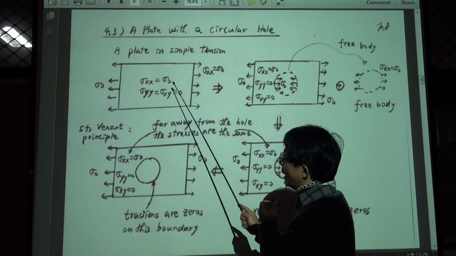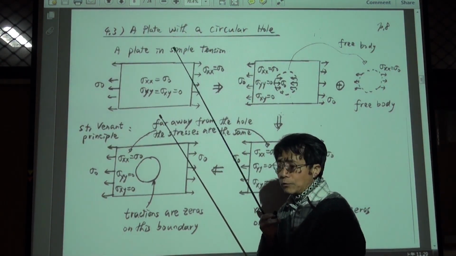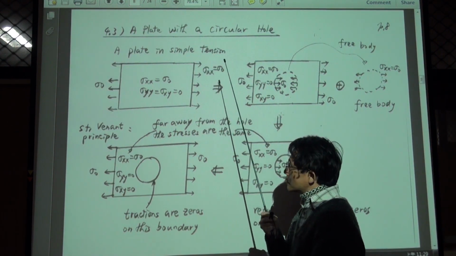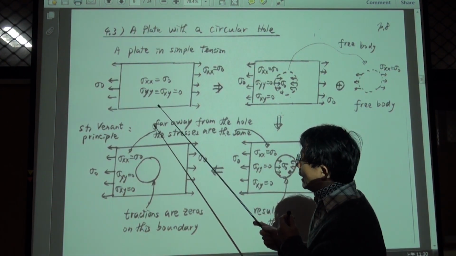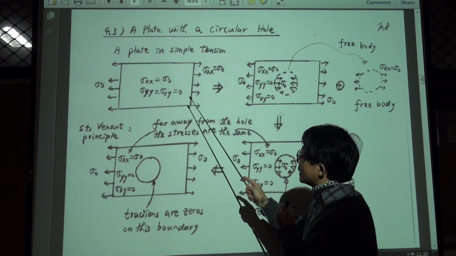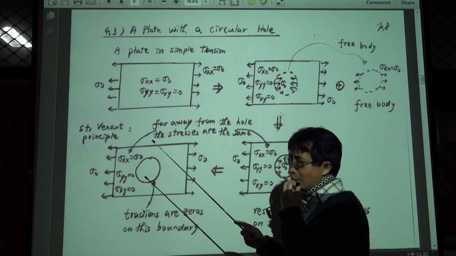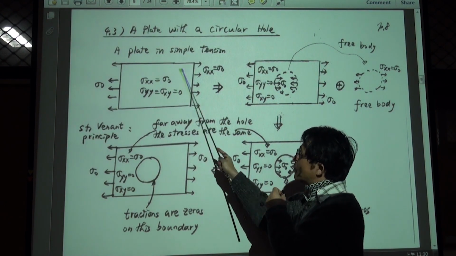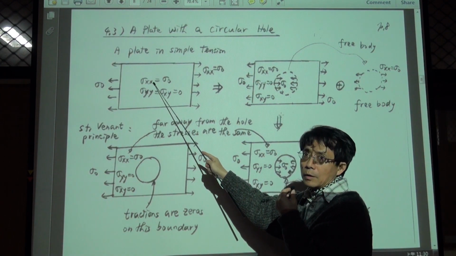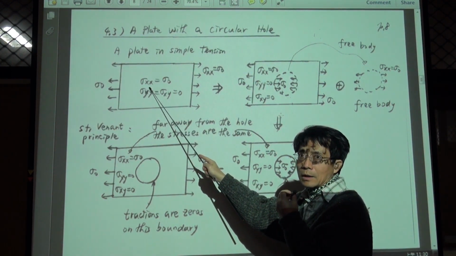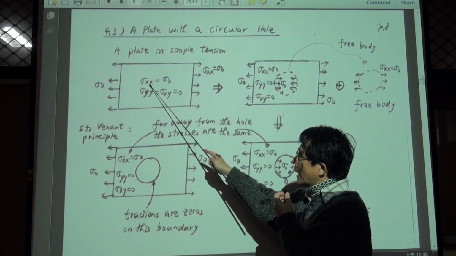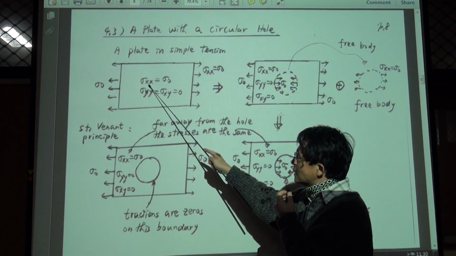And also more important, for this solid plate, the stress state is easy to determine, because it is a simple tensile stress state. So inside the plate, according to equilibrium, every material point will have the same stress distribution. And also the distribution is easy.